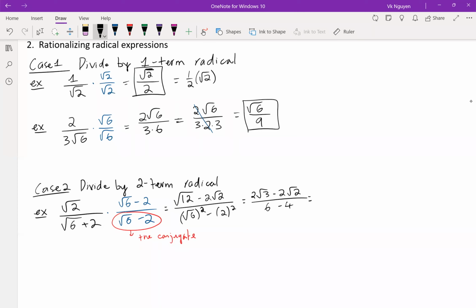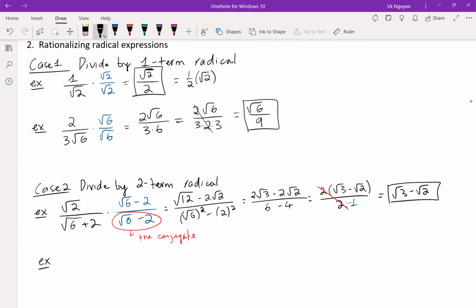We can factor out the 2 from the top. So 2 root 3 minus root 2 over 2. 2 is the same as 2 times 1. So get rid of the common factor and ta-da! We have root 3 minus root 2. Pretty slick.